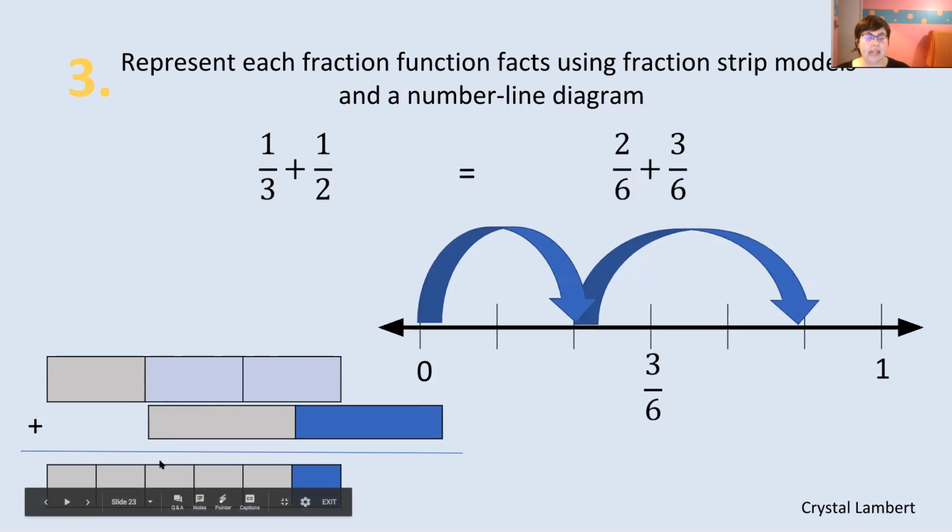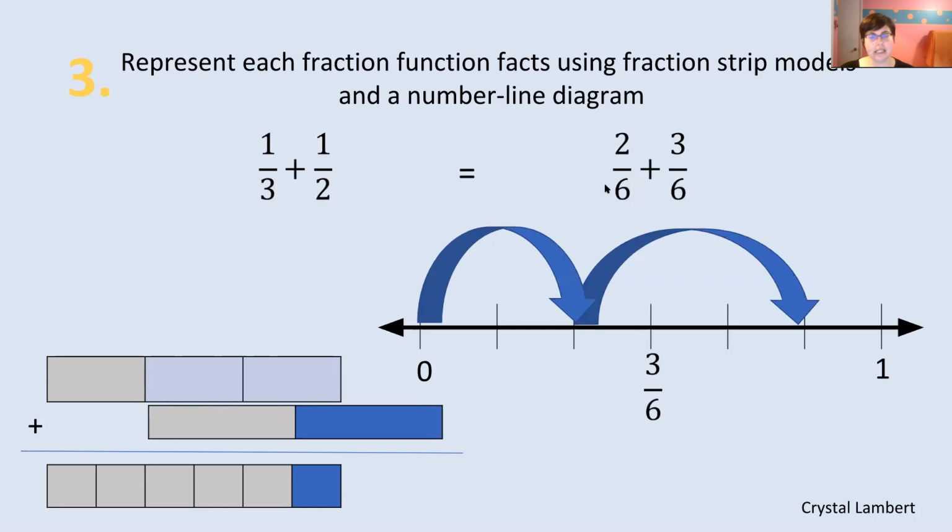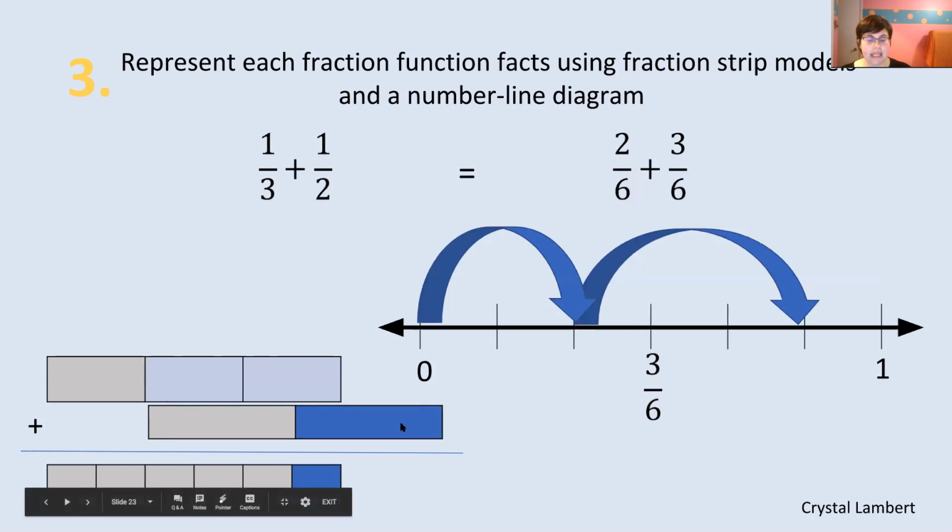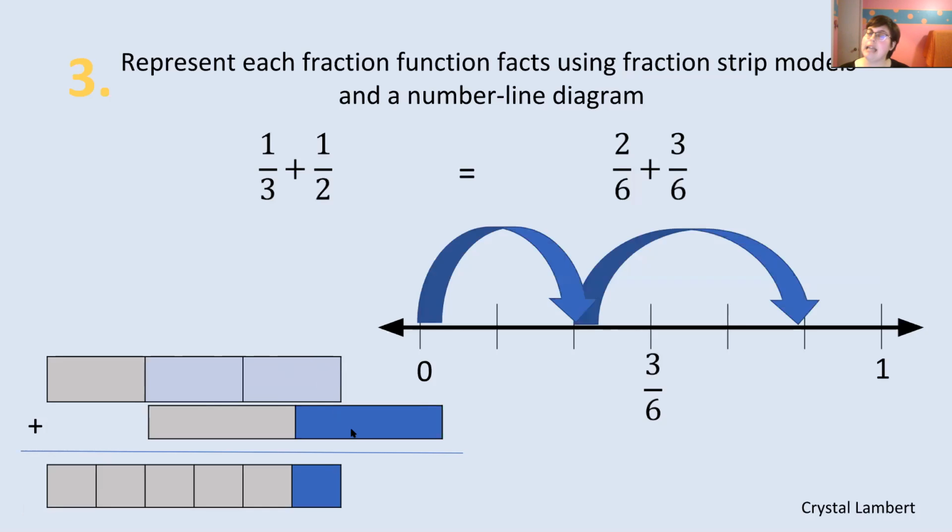And then beneath that, if you remember from when we originally discussed this problem, our common denominator was 6. So our final answer has to be a fraction bar divided into 6 equal places. So we took the same length that we used for the first two, because remember, each bar has to be exactly the same length.